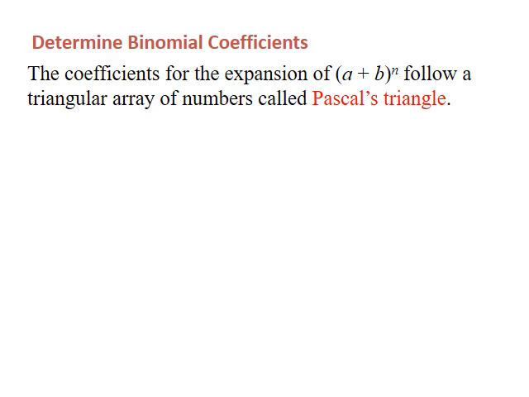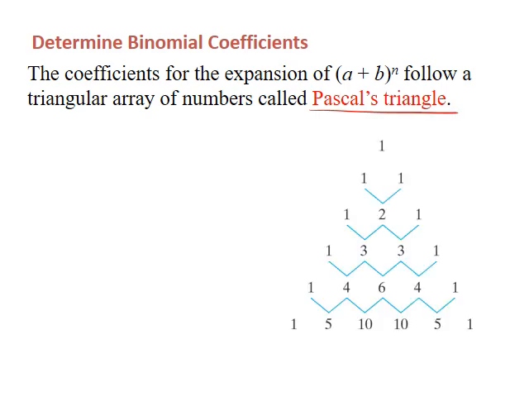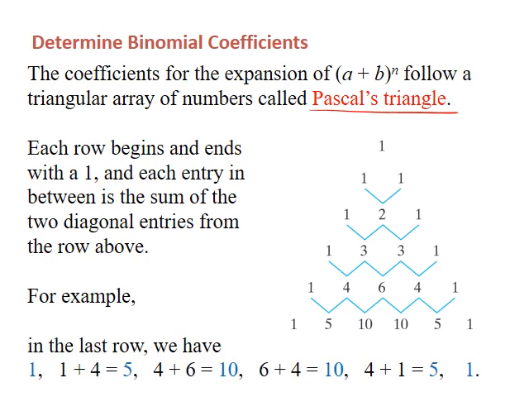Now, the coefficients, or the numbers that are in front, can be found by utilizing something called Pascal's triangle. And basically, Pascal's triangle begins with a 1, and then in the next row, it also has 1s. But then what we do is down each side, we always have 1s.